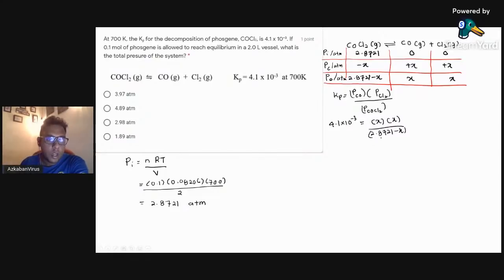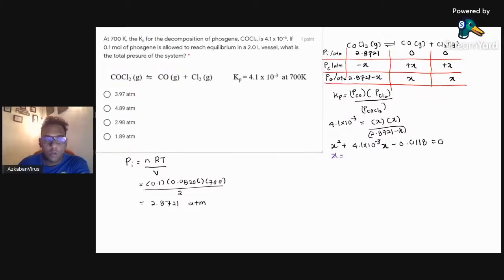You akan dapat X square plus 4.1 times 10 to the power of negative 3 X minus 0.0118 equal to 0. You akan dapat dua value of X.